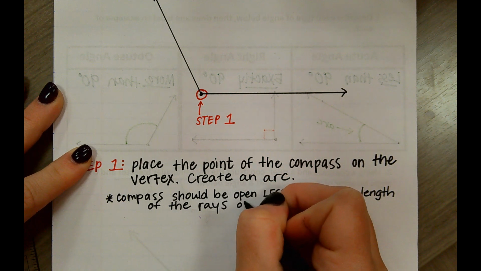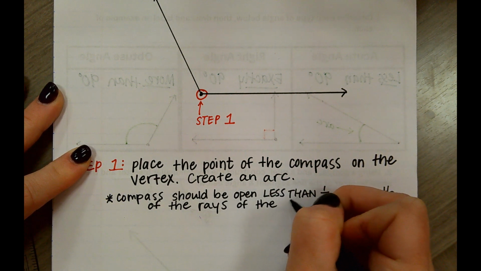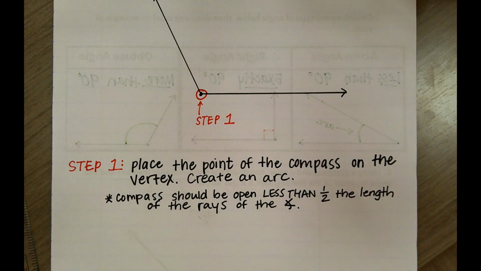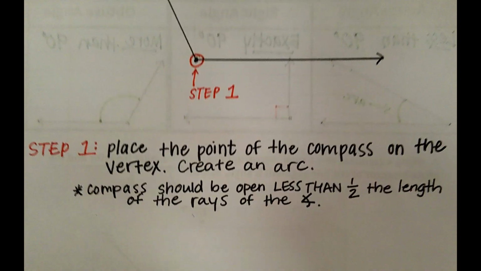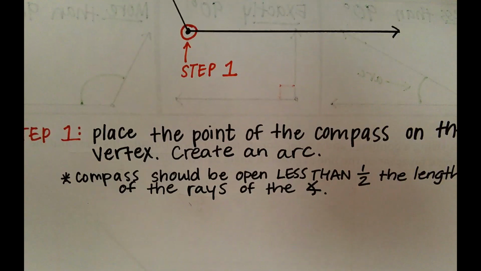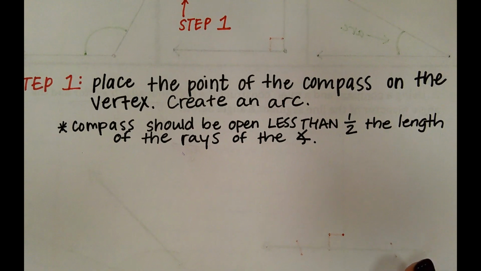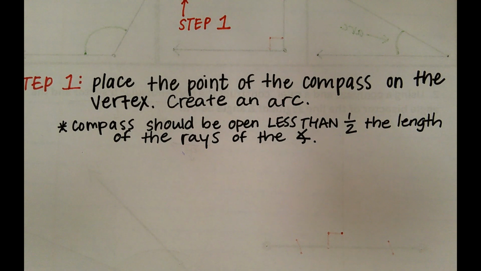The rays of the angle. I'll zoom in so you guys can see that a little better. Place the point of the compass on the vertex and create an arc.